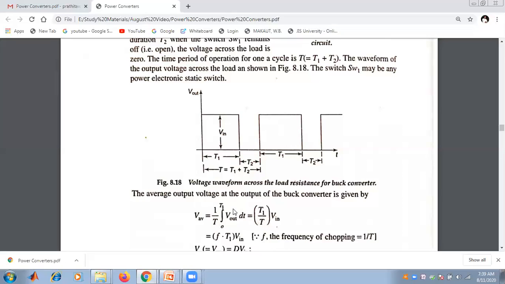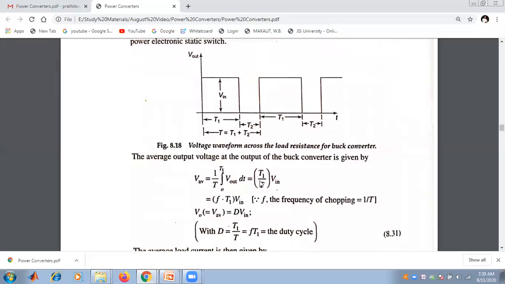So V out is equal to V in for the time period up to T1. After doing the integration, the average output voltage is T1 by T into V in.